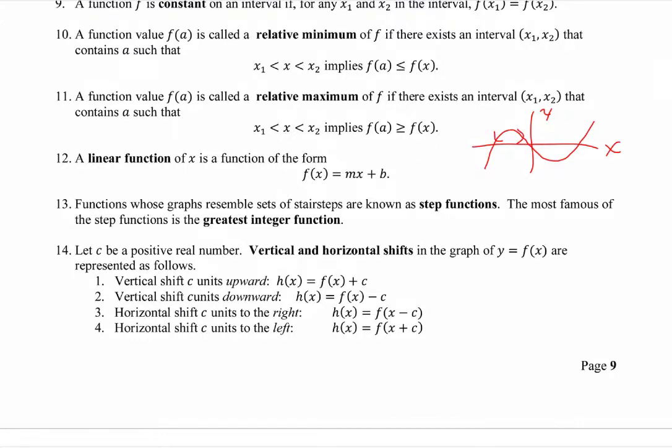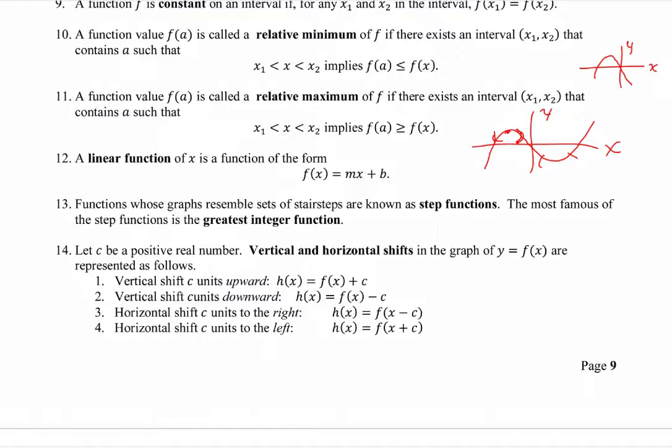This right here is a relative max. It's a max in this little set, in this little neighborhood. So it's called a relative max, and this right here is called a relative min. An absolute max would be something that would be a max for the entire function. Let's put our x and y so we know where we're going.